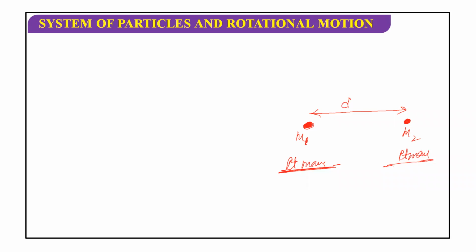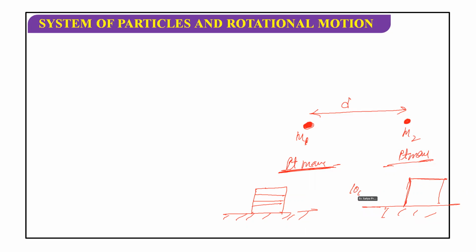So if the dimension of M1 and M2 is negligible, then they will start behaving like point masses. Can a building be a point mass? Can a building act as a point mass? So the answer is yes, provided the other building we are taking for the calculation of this center of mass is, say, 10,000 kilometers away, very far.